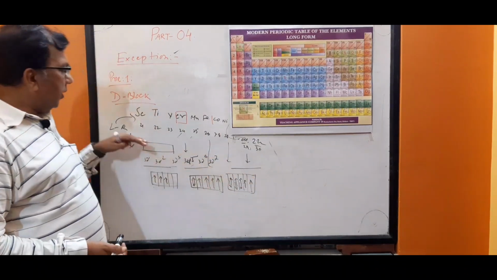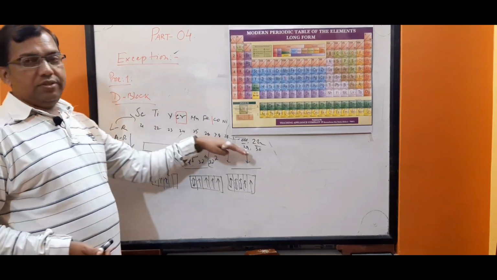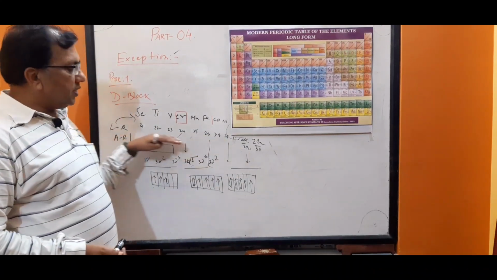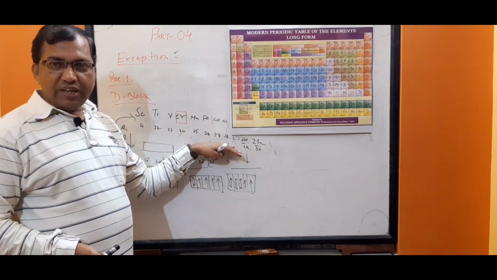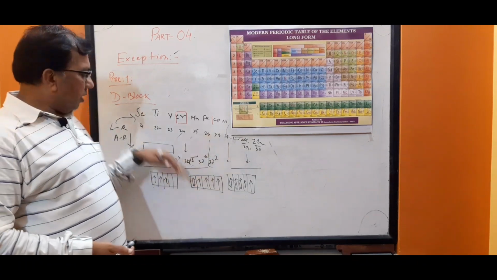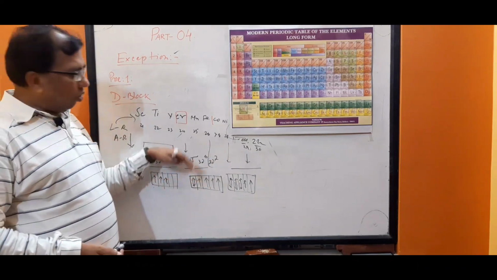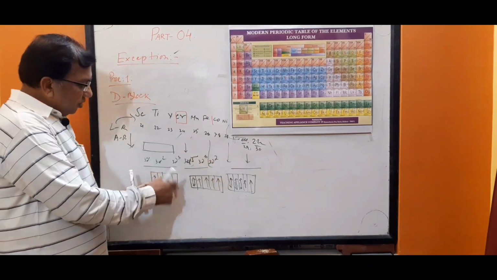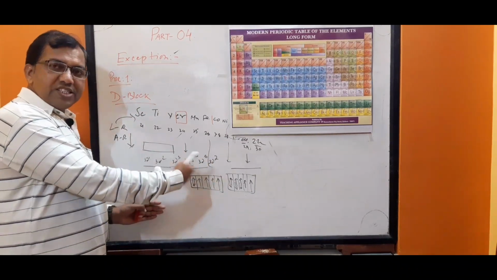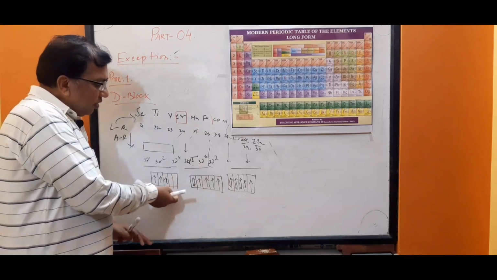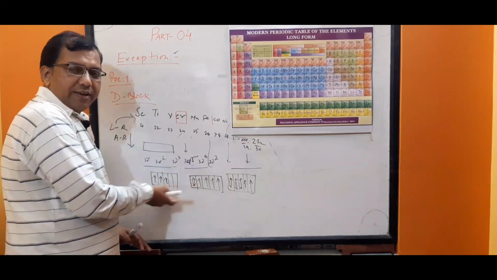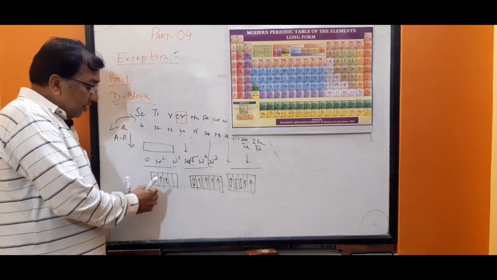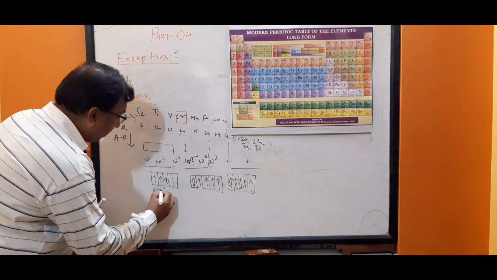Now what we see in the case of left to right is that the positive nuclear charge is increasing, but the number of electrons is also increasing, and this electron is entering the same orbital, so there is electron repulsion.